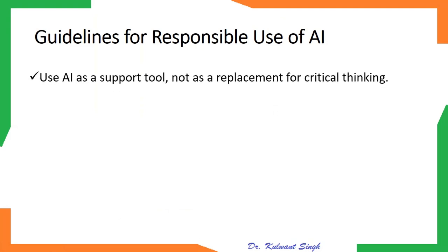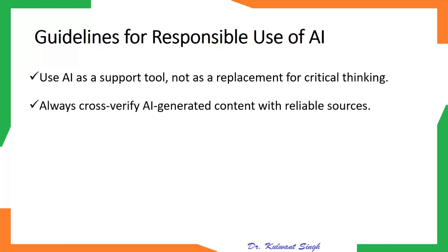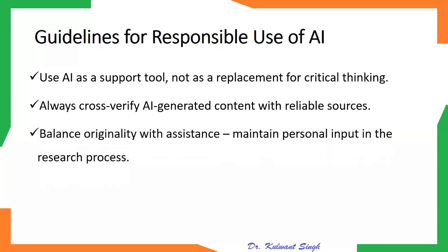Now, what are the recommendations for the responsible use of AI? First, use AI tools as a support tool, just for assistance, not as a replacement for your critical thinking. Then always cross-verify the response or content generated by AI tools. Balance originality with assistance.